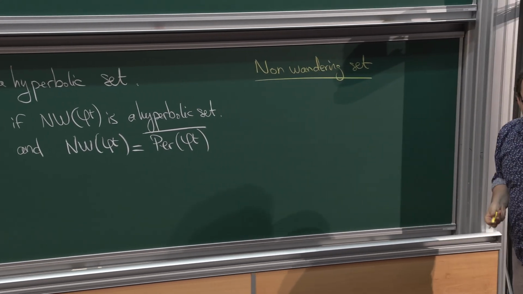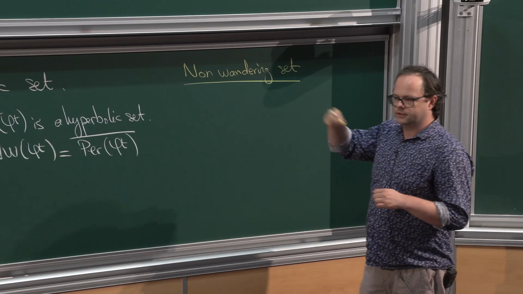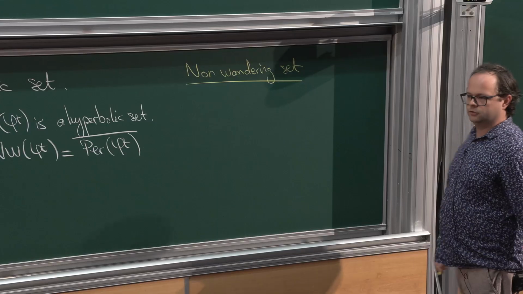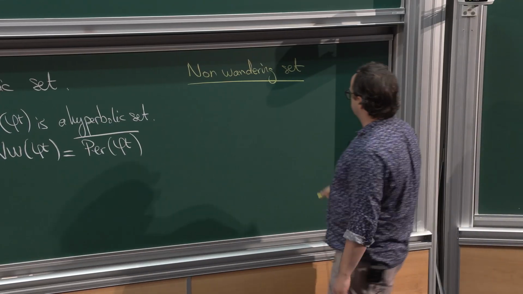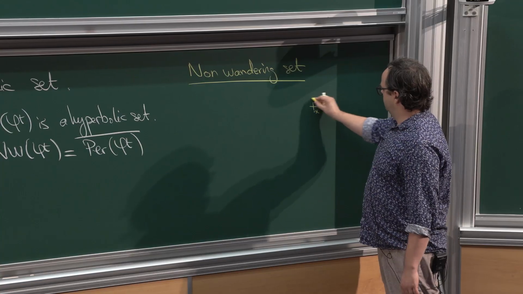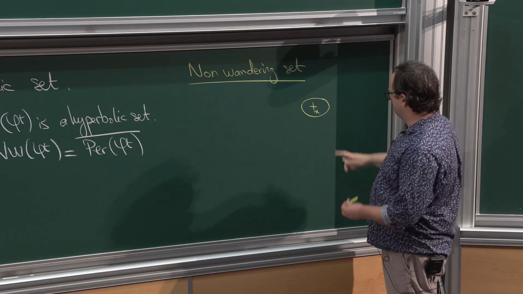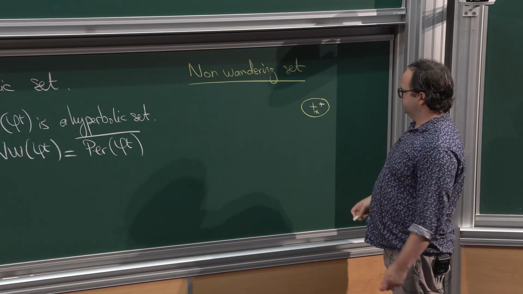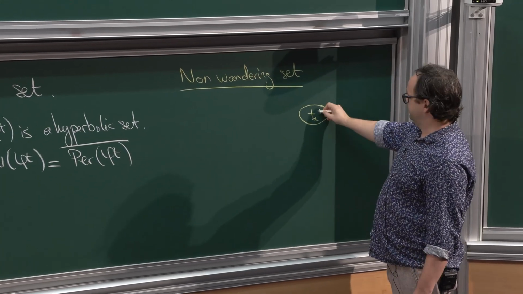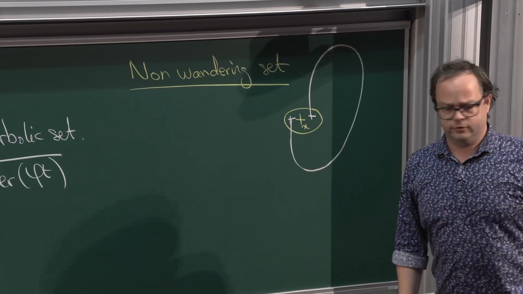Right, so you may know that dynamics is all about recurrence, right? It's about when orbits leave a point and come nearby the point, or you want to know where they go eventually. And so a non-wandering point just means that if you look at any neighborhood of your point, you can find orbits that will start in this neighborhood, flow out for a long time, and then come back to this neighborhood.